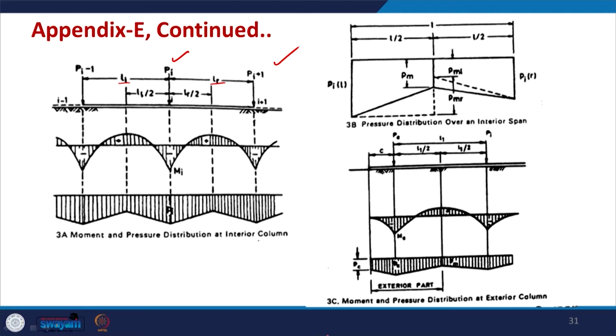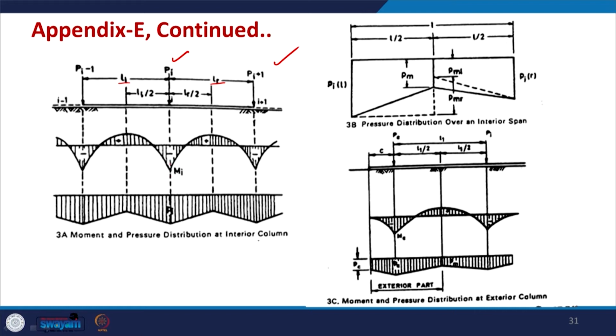P I is the point load acting at the interior column. M I is the bending moment acting at the same point, the interior column.